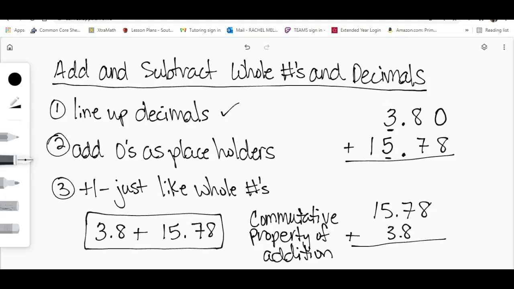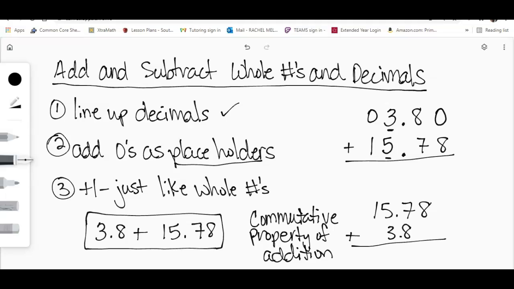But now I have a placeholder there. If I want to, I can put a 0 here, but a lot of times we don't put zeros when we're in the whole numbers. We just leave them. That's really just up to you, because remember, a placeholder just says there's nothing there.